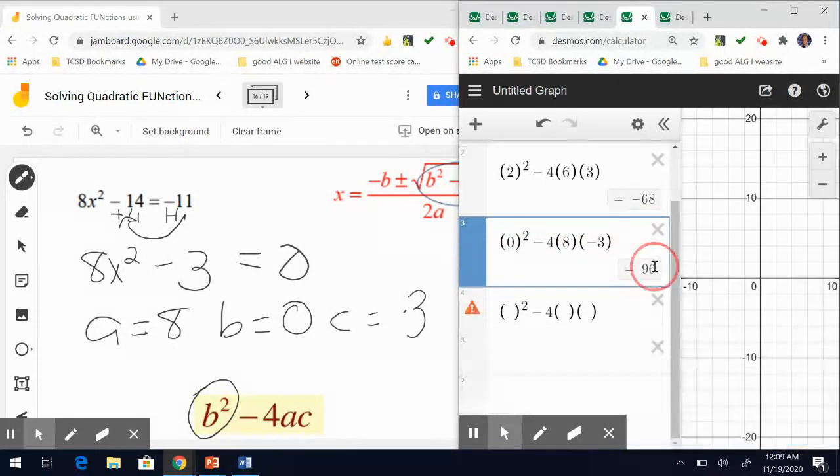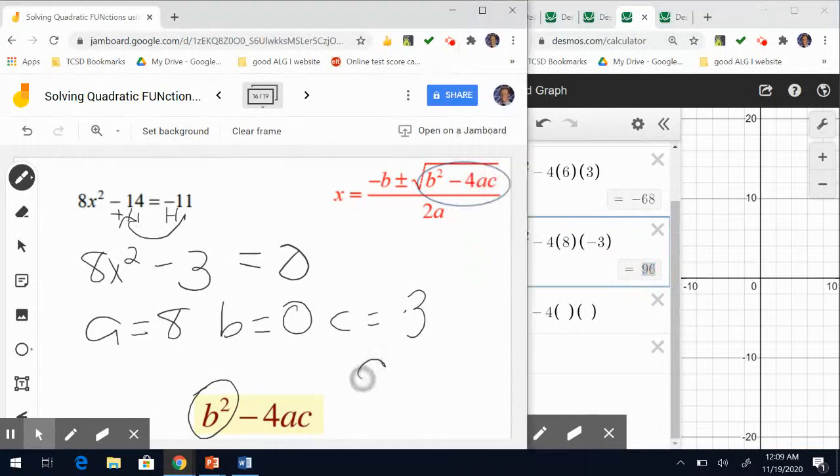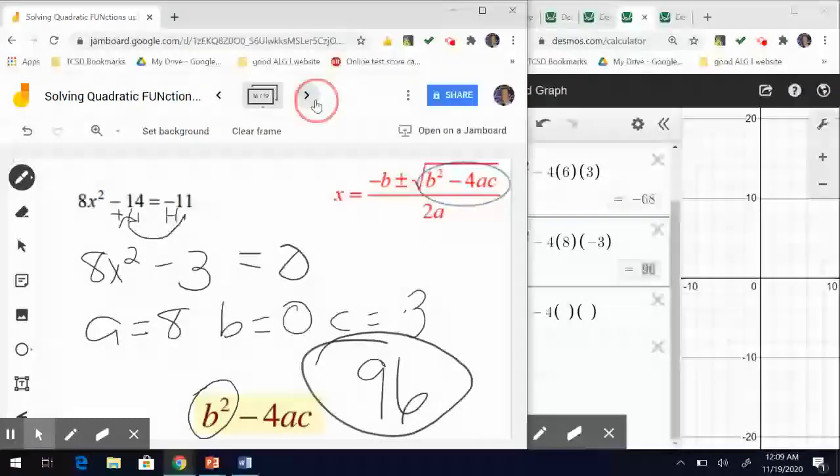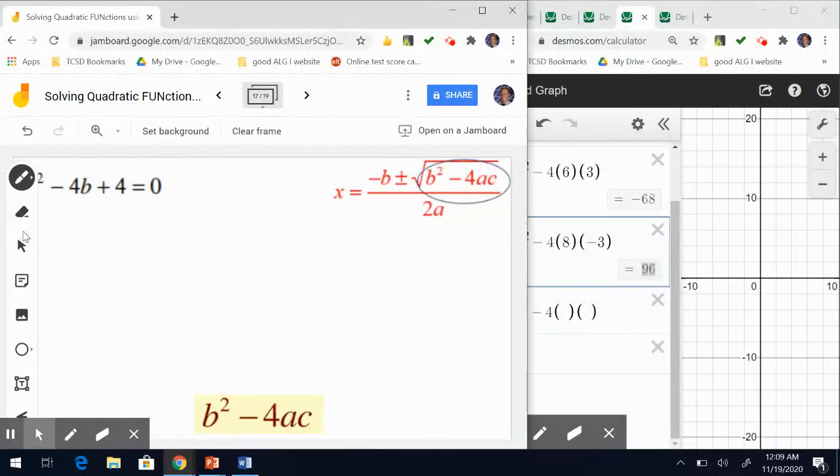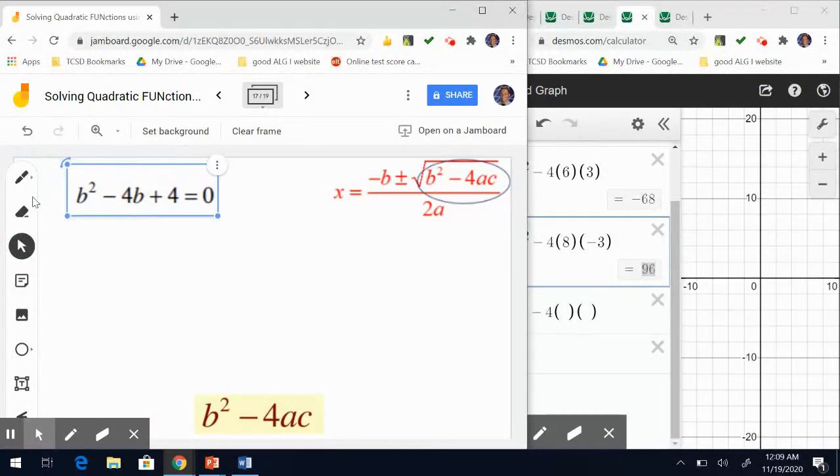I get a positive 96. So how many solutions does that have? If it's positive, we know it's going to have 2 solutions. I don't know those 2 solutions specifically, but I know that the discriminant's positive, so I know it's going to have 2 solutions. I think that was the ugly one.